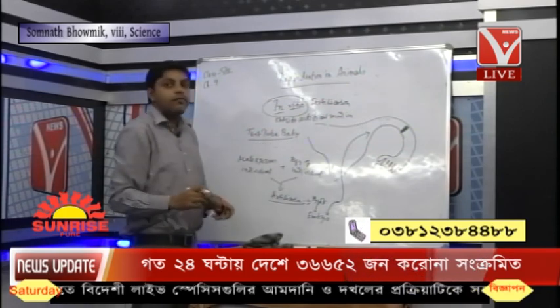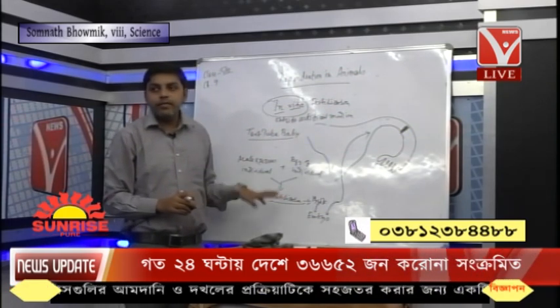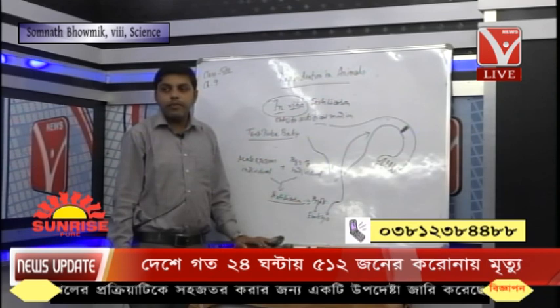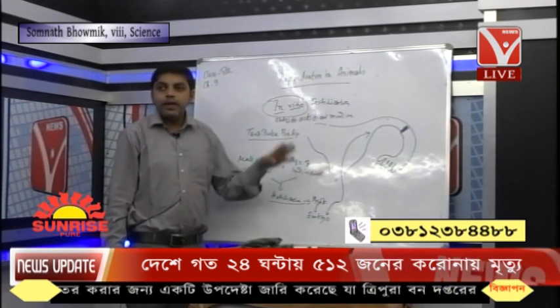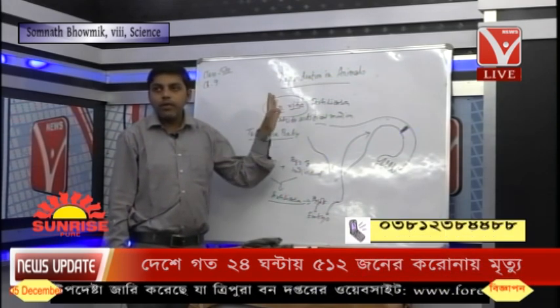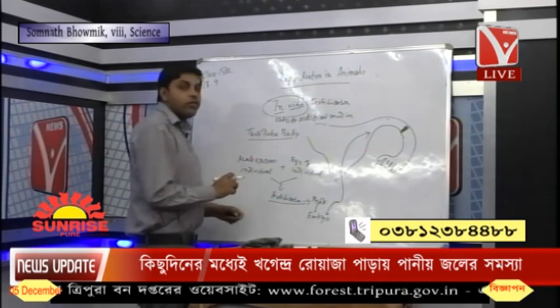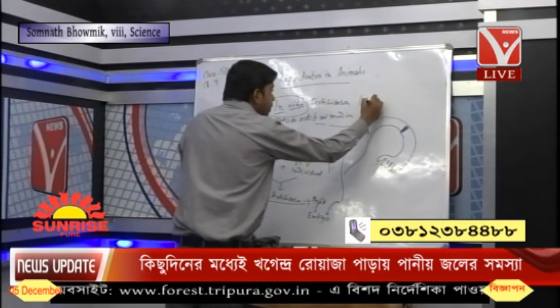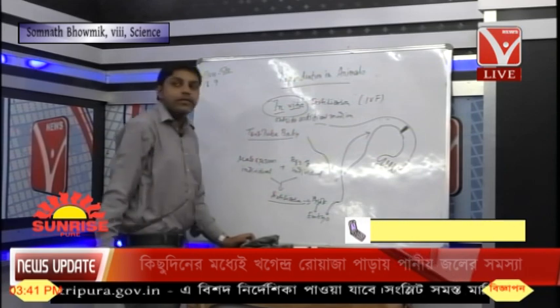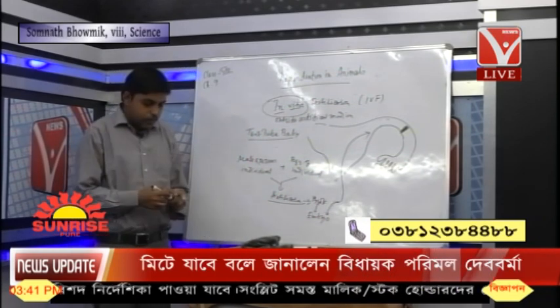So in vitro fertilization means the fertilization takes place outside the human body in an artificial environmental condition. That's why in short form it is called IVF, or test tube baby. Clear?